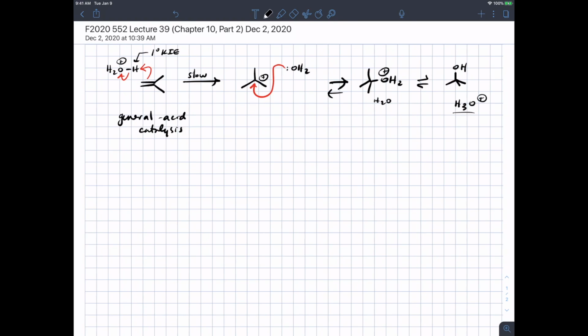Other important details, of course: regioselectivity follows this Markovnikov pattern, which we probably don't need to talk about. The reaction's regioselective for the more stable carbocation, and that explains where the alcohol goes.